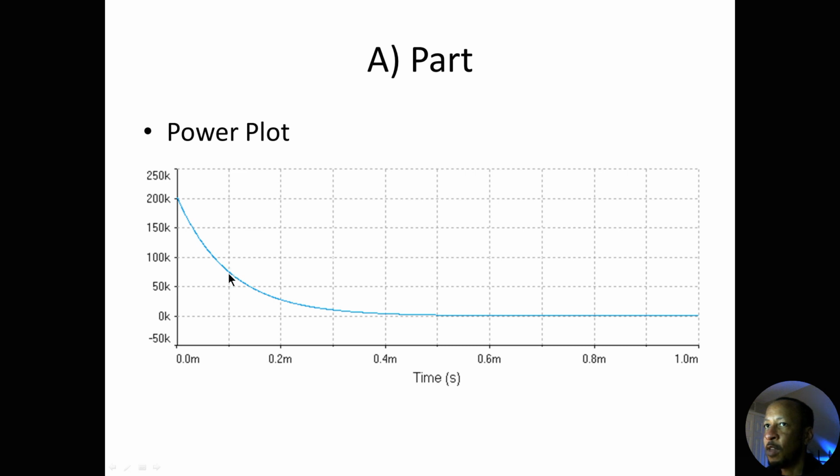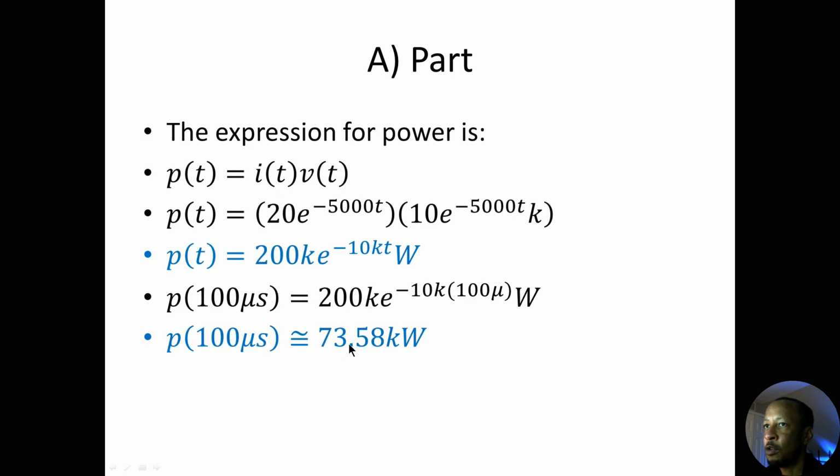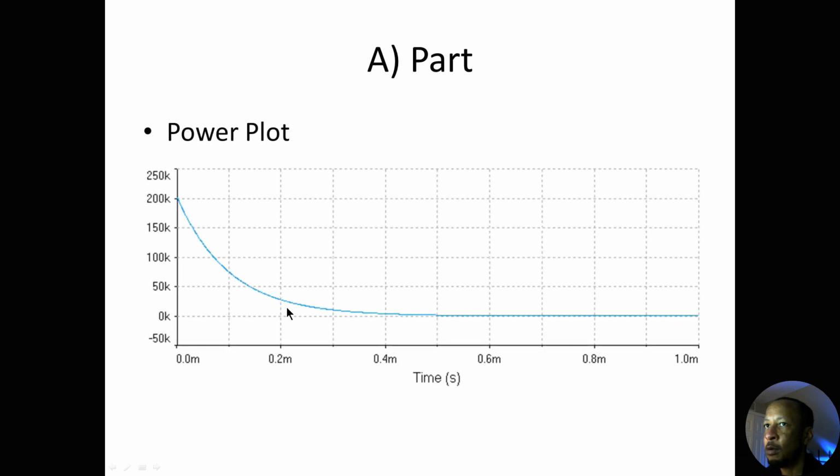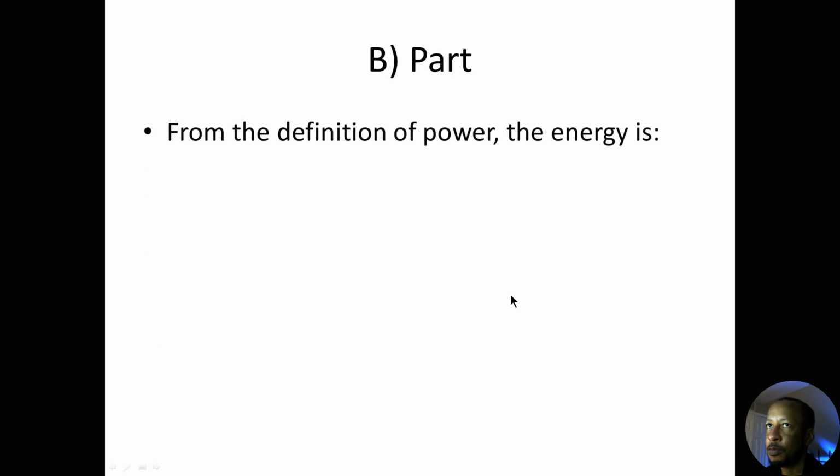So it makes good sense that our calculation told us that we should be at 73.58k. That seems very reasonable according to our graphical plot.